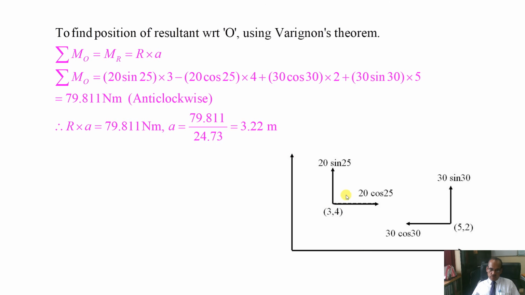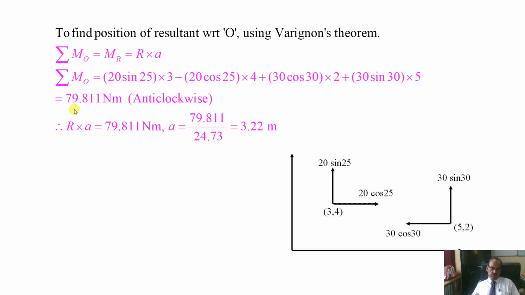So 20 cos 25, this line of action, if you extend, the y coordinate is 4, that's why multiplied by 4, plus 30 cos 30, if you extend it like this up to this point, it will give anti-clockwise movement about point O, and the y coordinate is 2, that's why multiplied by 2, plus this 30 sine 30 also will give anti-clockwise movement, and the x coordinate is 5, so we have to multiply it by 5.